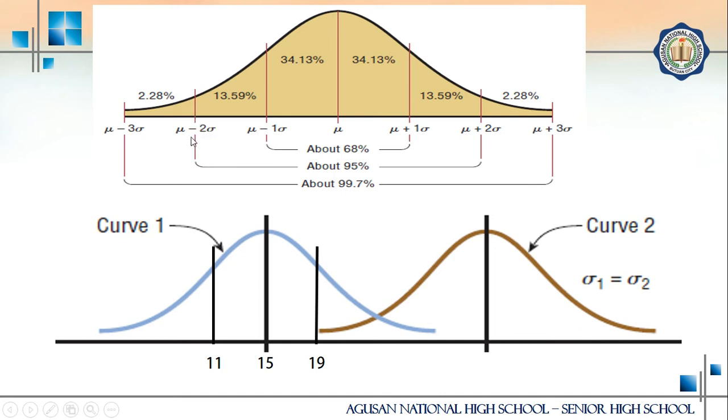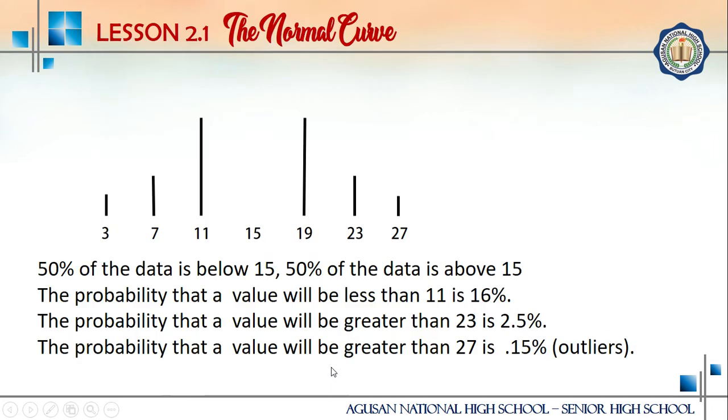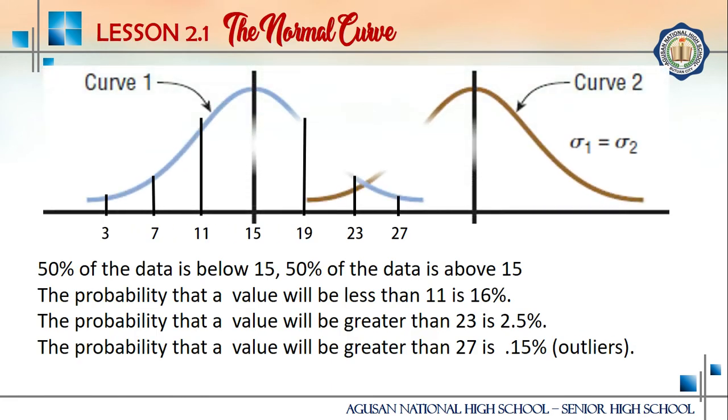So 15 minus 8 is how much? It is 7. And the mean of 15 plus 8 is 23. So the 2 standard deviations are 7 and 23, and this is the 95% of the data. That is between 7 and 23.